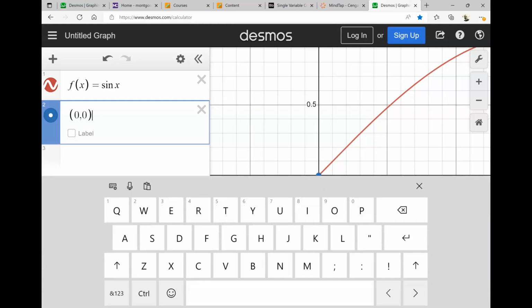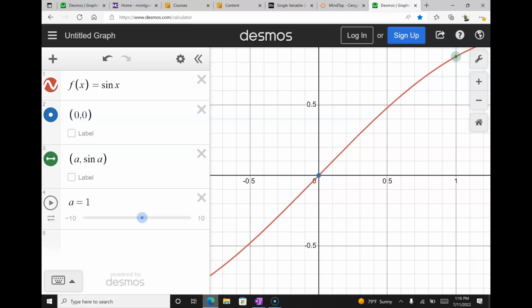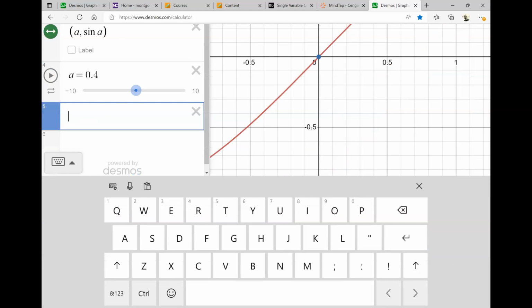Well, what I want to do is pick an arbitrary point. So a comma sine of a. And you can see what I'm going to do is connect those 2 points with a line, right? How do I do that?